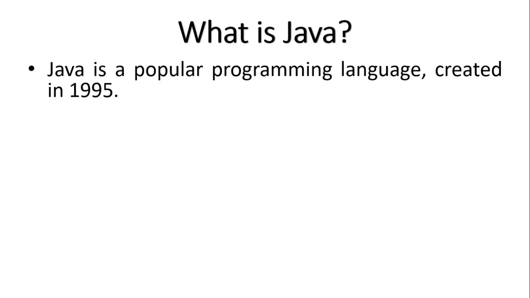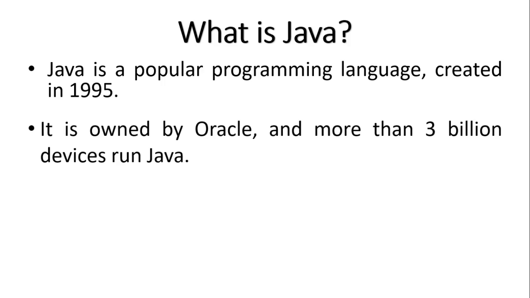Now, some basic things about this. Java is a very popular programming language that was created in 1995, and it is owned by a company called Oracle. More than 3 billion devices run Java. So the mobile phone that you're using now to see this video, Java runs in that also.